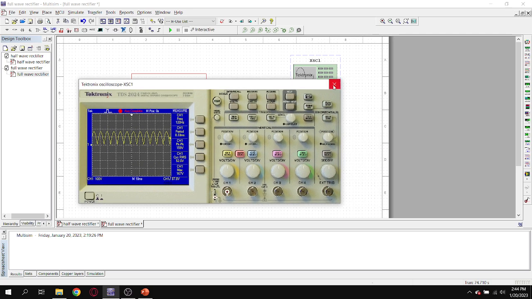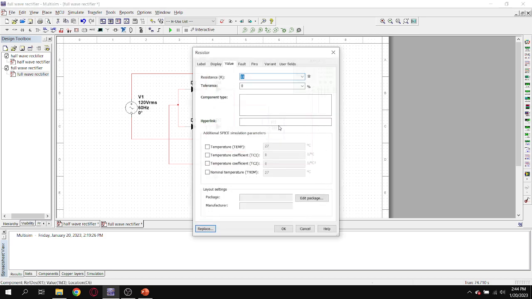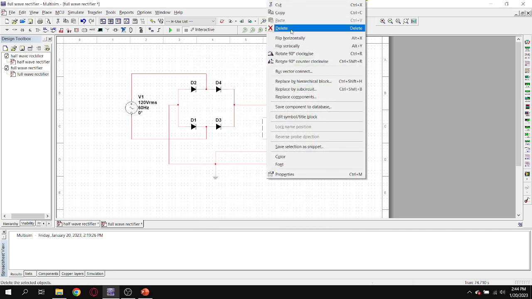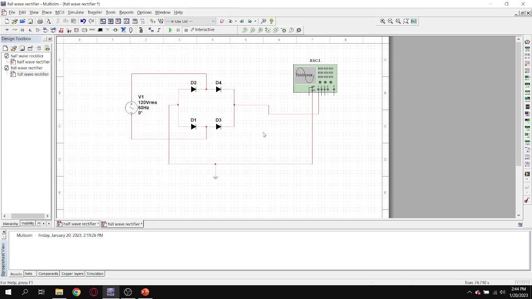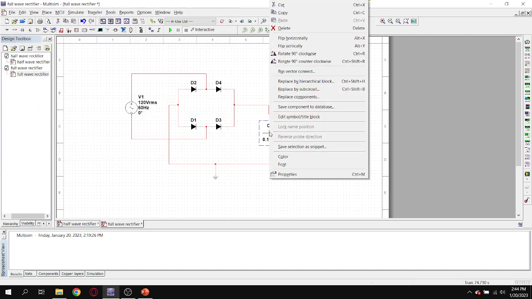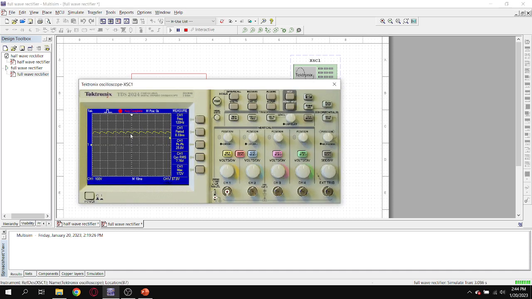And let's try the load. Let's change the load to a capacitor, and we observe what happens to the waveform.